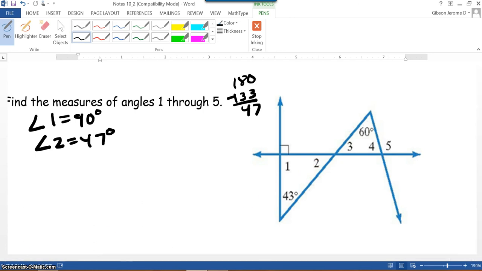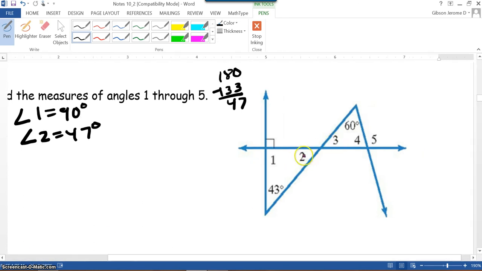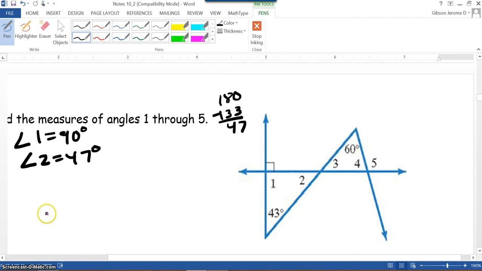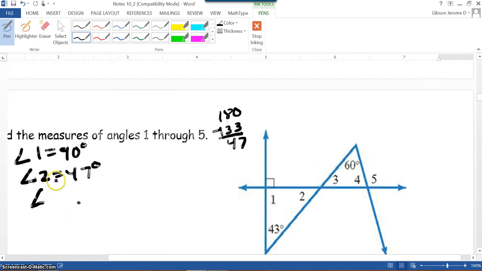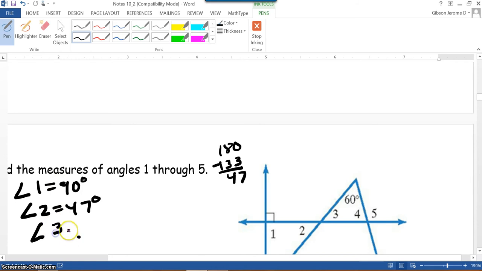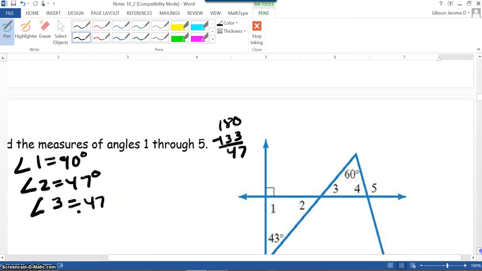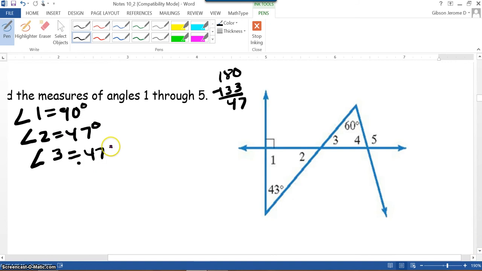We know that angles 2 and 3 are alternate interior angles, so that means they equal each other. So we have here angle 3 is equal to 47 degrees. Okay, so now we have angle 3.